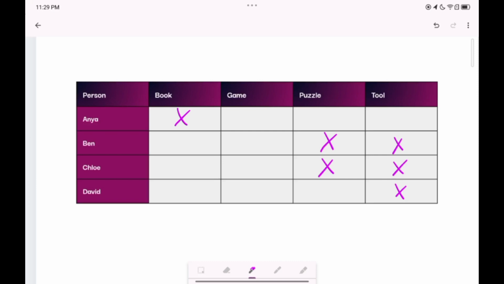The clue number 4, the tool was delivered last. So this confirms our earlier deduction. Clue number 5, Ben's package wasn't the game. So perhaps this helps further narrow down the possibilities.